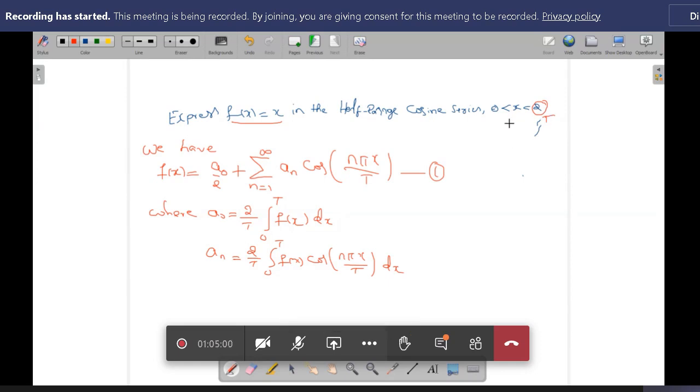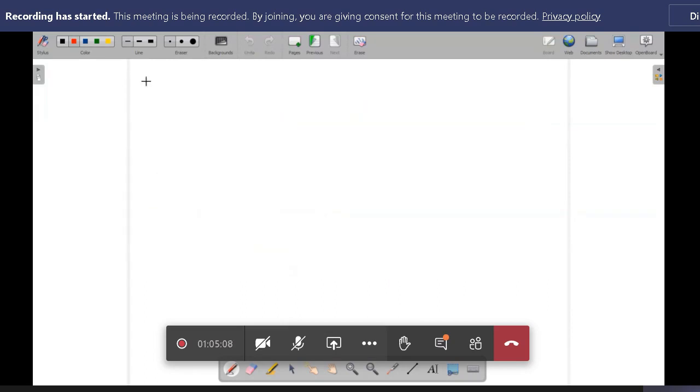So now using this f of x and t equal to 2, I can evaluate a naught and an. So a naught is 2 by 2 integration from 0 to 2 of f of x, which is x, dx. The 2s cancel, we get 1.